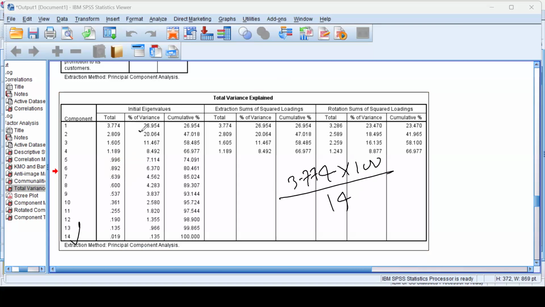So you will get this. इसी तरीके से इसके लिए जो वेरिएंस आया, 2.809 into 100 upon 14. So when you add these items, you will get the cumulative percentage, and it is greater than 60%.